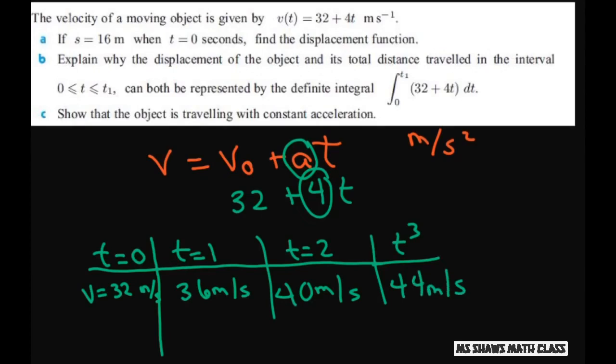And if I were to graph this, we have velocity here in meters per second, and then this is your time. What we can do is just graph this. I'll just go by 4s: 36, 40, 44, and so forth, 48.